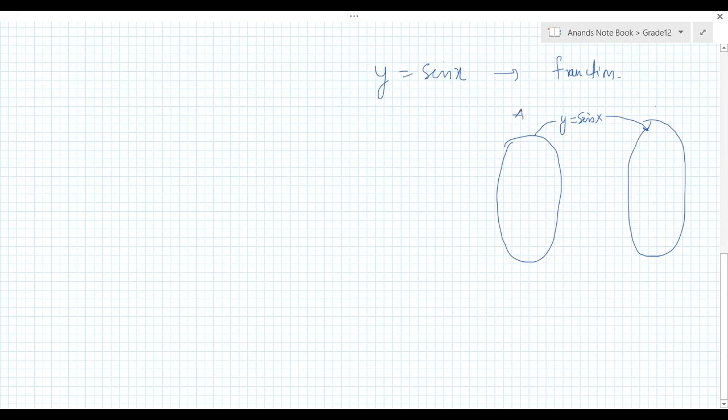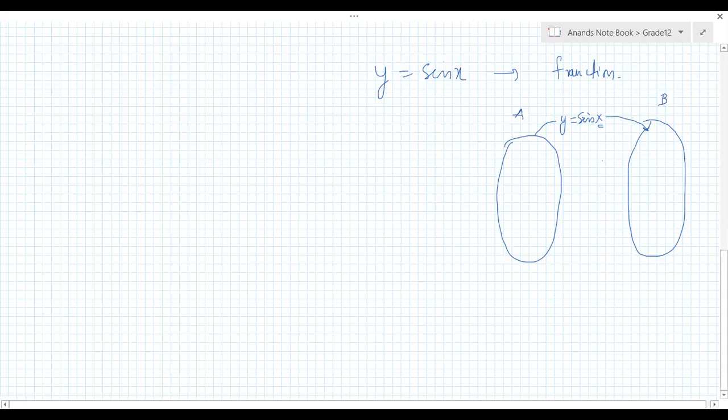Supposing this is A, this is B. Are there any restrictions for x? Can x be anything when you are talking about trigonometric functions? Are there any restrictions on the value of x? No, sir. Okay, so x belongs to the real numbers.